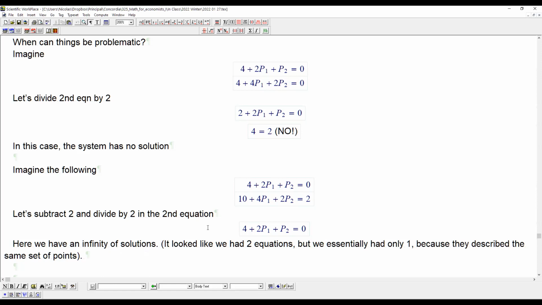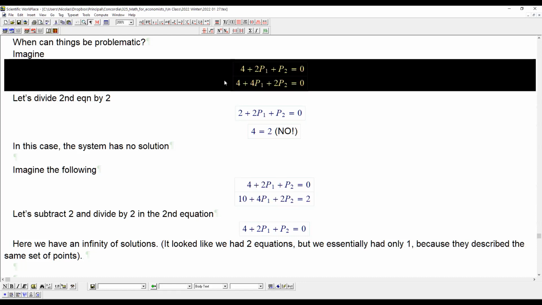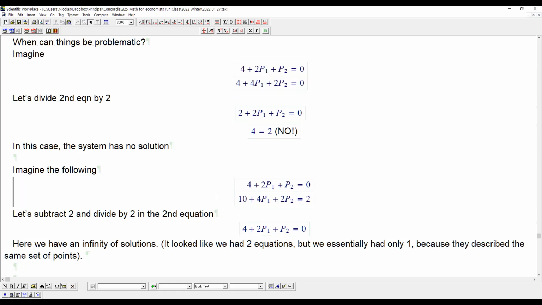So what was common to these 2 cases? This case and that case, what was the problem in each one of them? Here we got no solution. Here we got an infinity of solutions, but there was one common thread, one common issue.